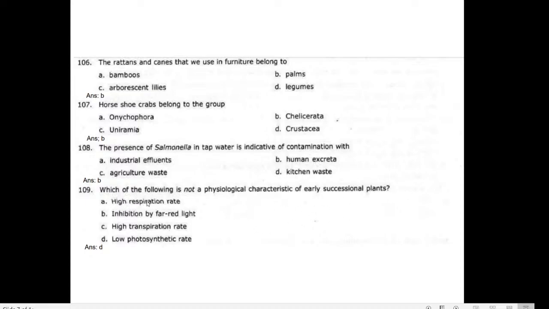They have a high respiration rate, inhibition by far red light, and a high transpiration rate. Which is wrong is the low photosynthetic rate, since early succession plants have a high photosynthetic rate.